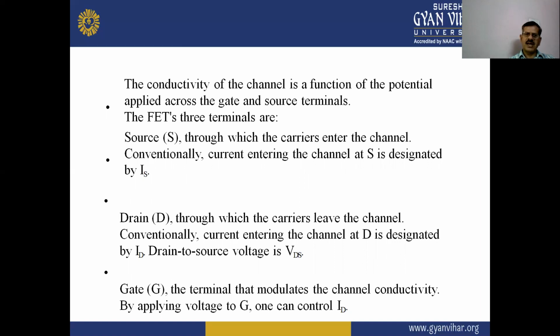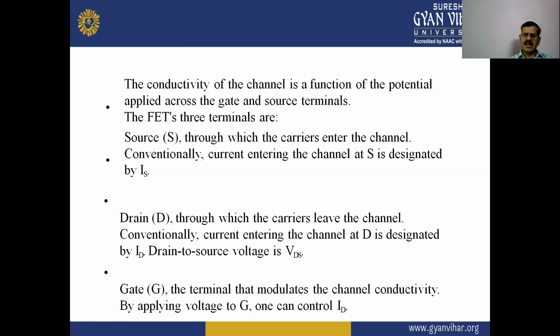So the FET has three terminals. The first one is the source terminal, the second one is the drain, and the third one is the gate. So the FET is a three terminal semiconductor device. The source, S, is the terminal through which the carriers enter the channel.